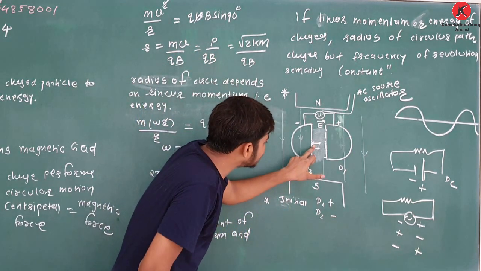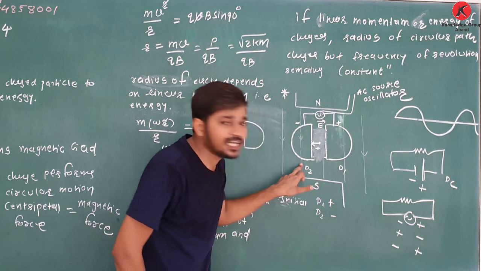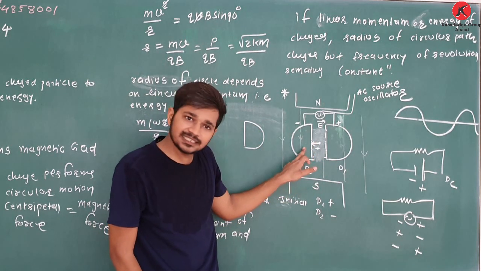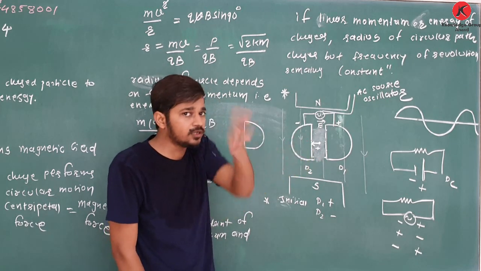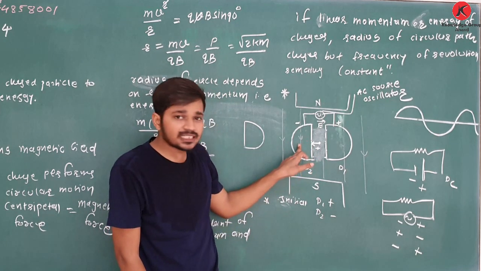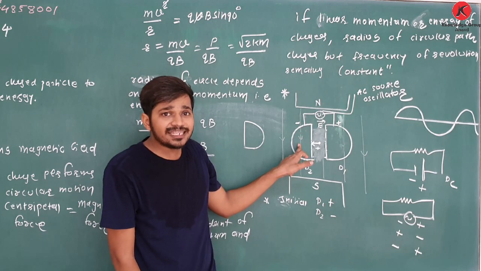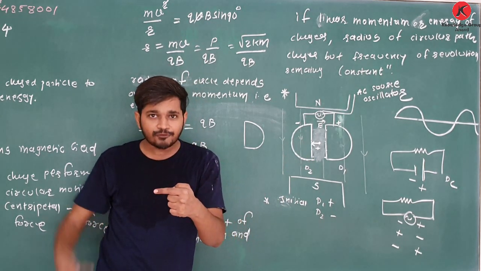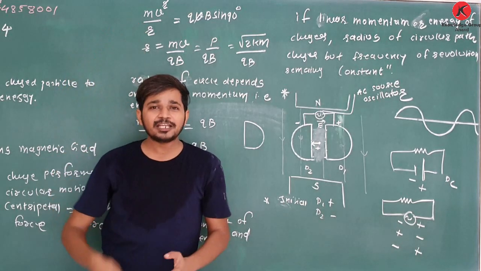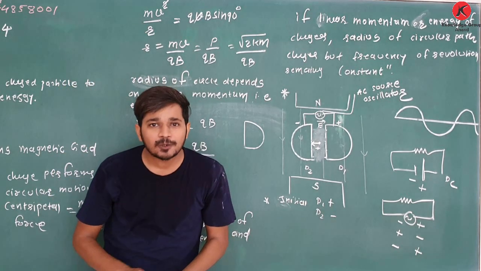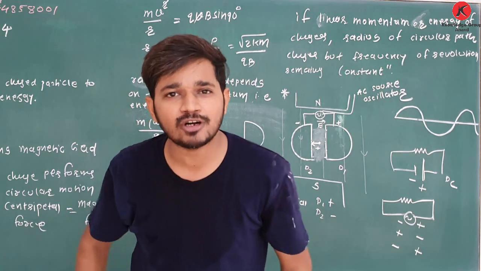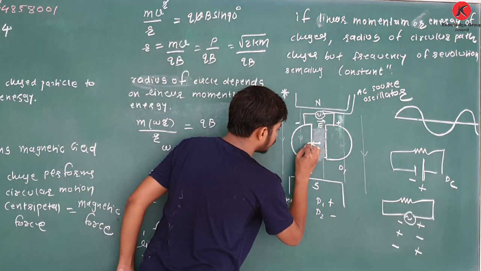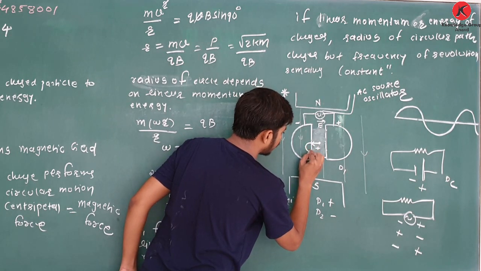So this charged particle enters this D. In this D, the electric field is zero. What is present? Only the magnetic field. And this charged particle enters the magnetic field normally, so it will perform circular motion.